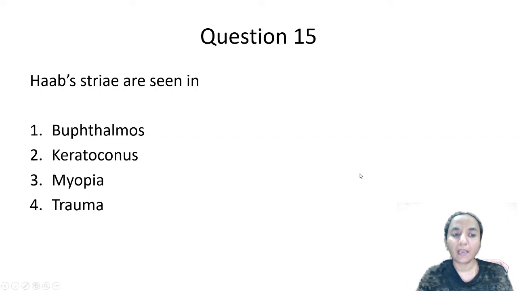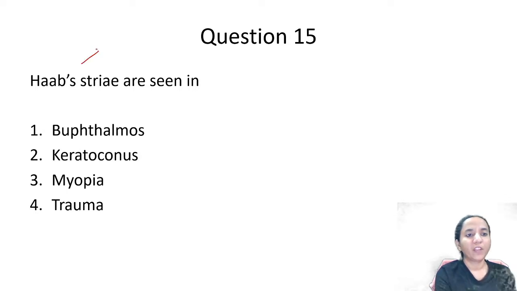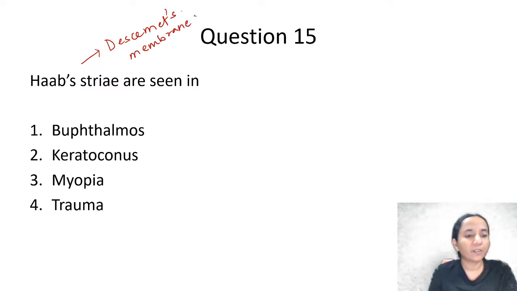Where do we get to see Haab's striae? Haab's striae, these are striae on the Descemet's membrane of the cornea. These are striae which are seen due to stretching on the Descemet's membrane of the cornea. Where do we get to see this? Haab's striae are typically seen in buphthalmos, that is congenital glaucoma.